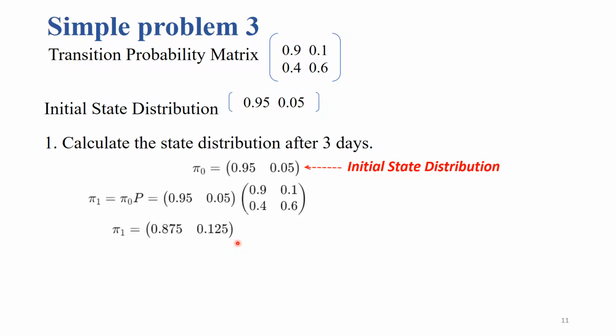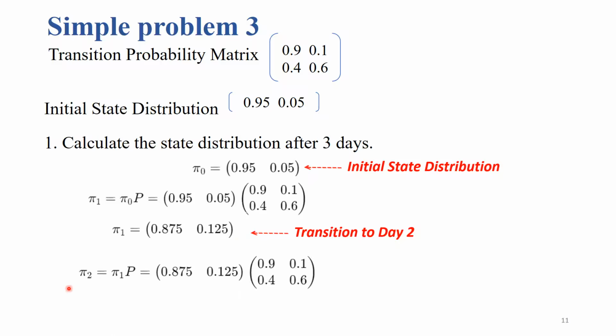So the state distribution after 1 day is known. To continue with the state distribution after 2 days, the formula is pi 2 equal to pi 1 into P. That is the product of the state distribution after 1 day and the transition probability matrix. We will be able to find out the state distribution after 2 days. That is the transition to day 3.